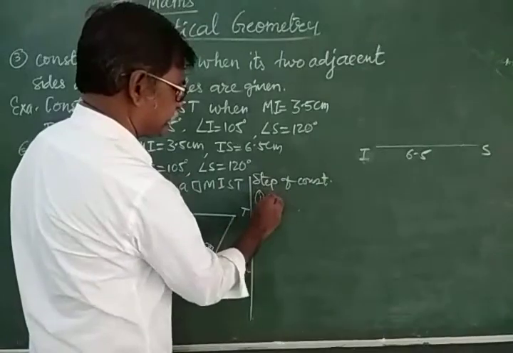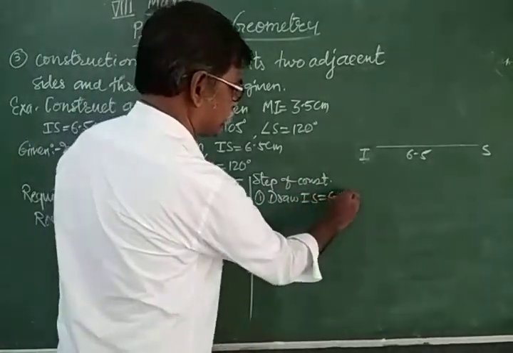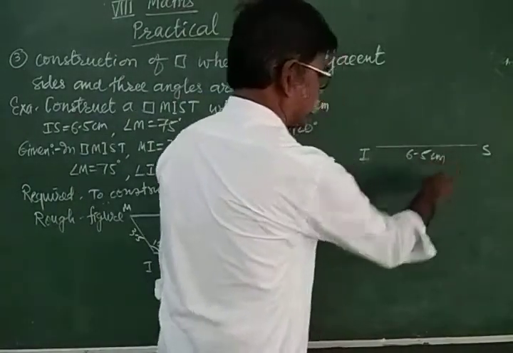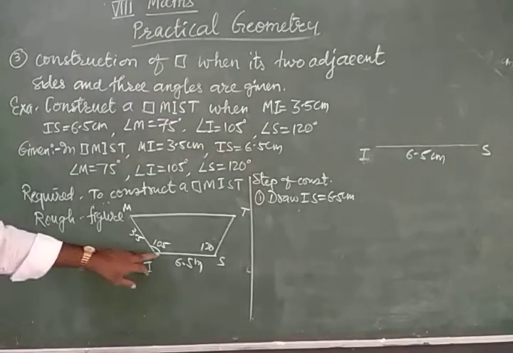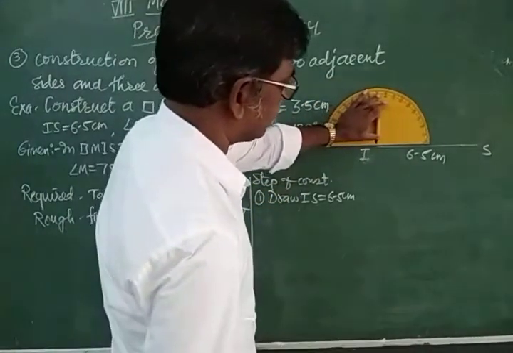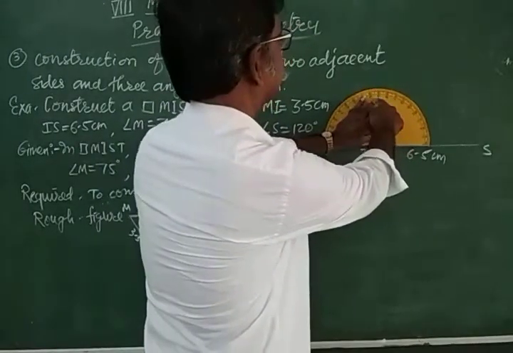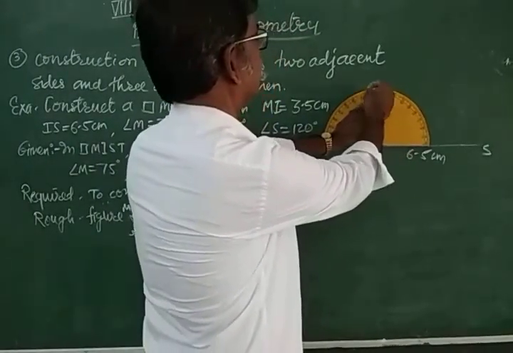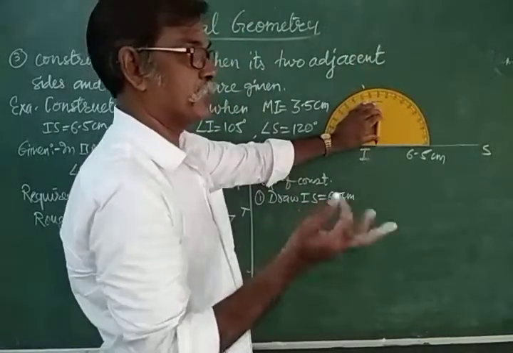First step is to draw IS equal to 6.5 cm. Now we have to use the protractor. See, at I we will draw angle 105. So at I draw an angle of 105 degrees. 90 and 100 and 105 here.